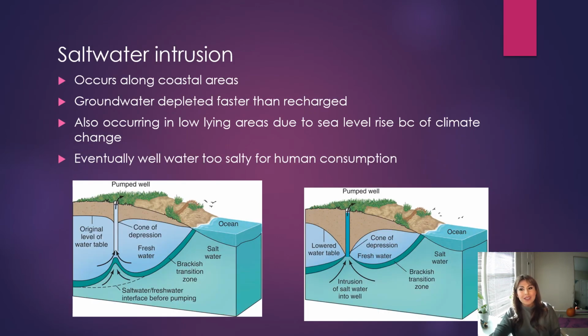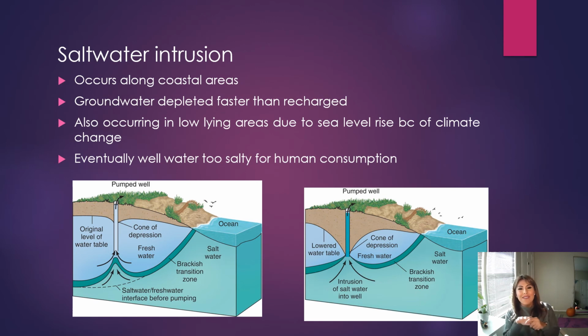Saltwater intrusion can also occur when you take out too much groundwater. This occurs obviously along coastal areas. When groundwater is depleted faster than it is recharged, you do have the salt water that comes in through that water table.